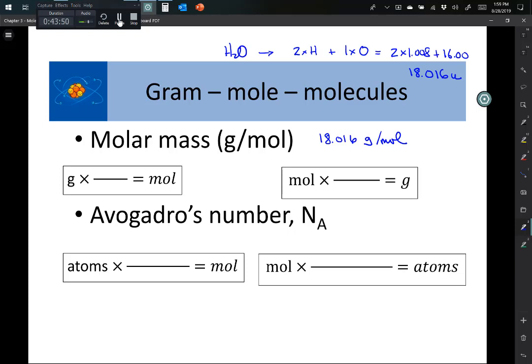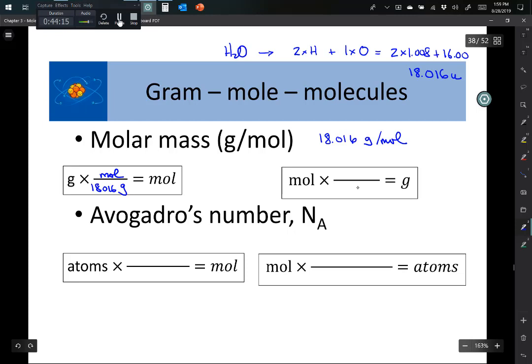Now, if I want to convert from grams to moles, then I need to make sure the gram is at the bottom and the mole is at the top, and the number goes with the grams. If I want to go from moles to grams, it's the same number. I just make sure what's on the bottom and what's on the top.